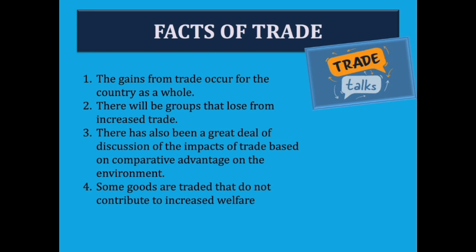But in Japan, there are farmers that also have rice fields which are able to produce rice, which will impact the local farmers negatively. That's why the government should control the amount of imported rice. If not, then there will be groups that lose from increased trade. In this case, the local farmers.